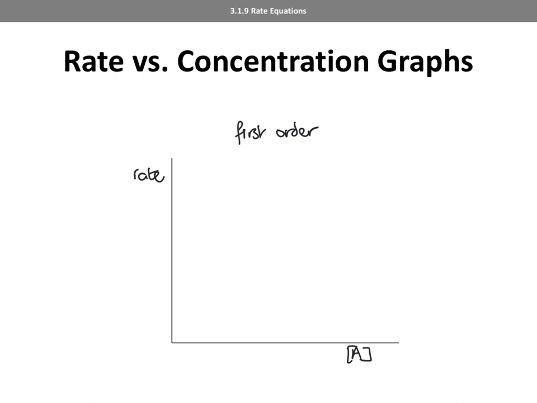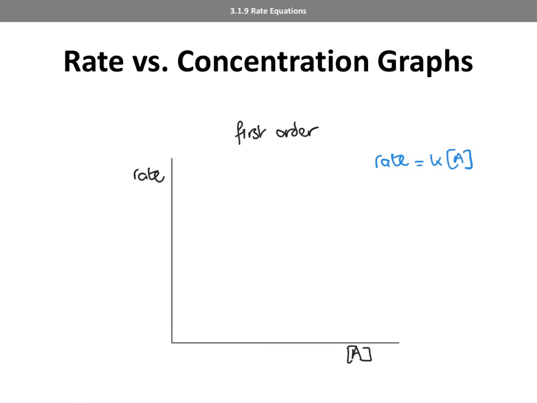Now, I think it is useful to approach the shapes of these rate versus concentration graphs using the rate equations. If our rate is first order with respect to the concentration of A, then our rate equation is rate equals K, and then the concentration of A, and of course it's to the power of 1, but we don't show the 1.